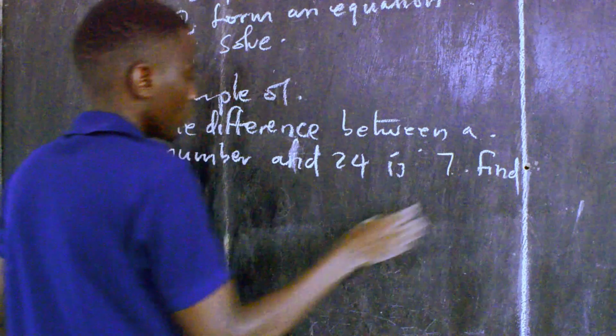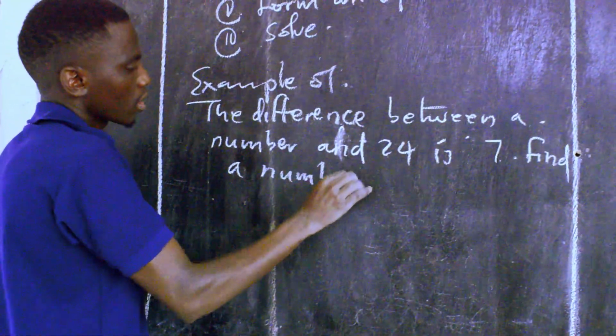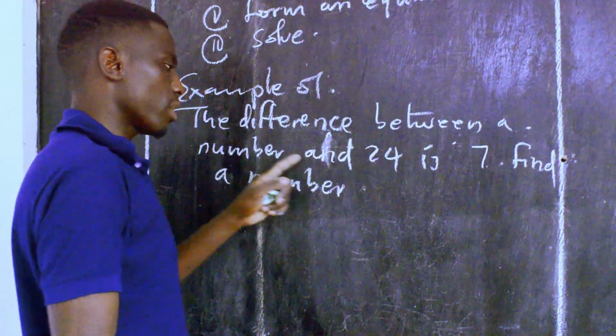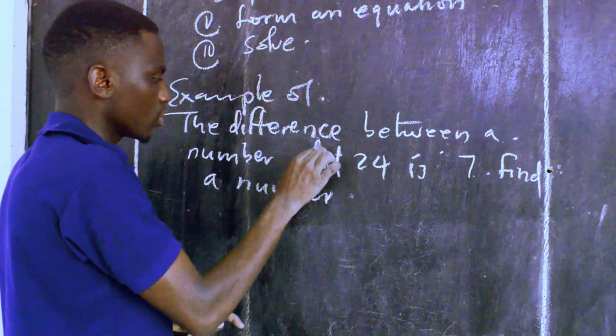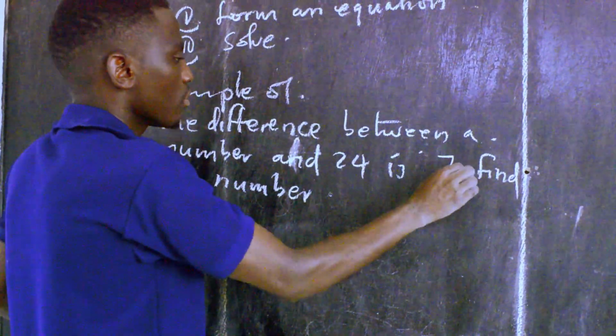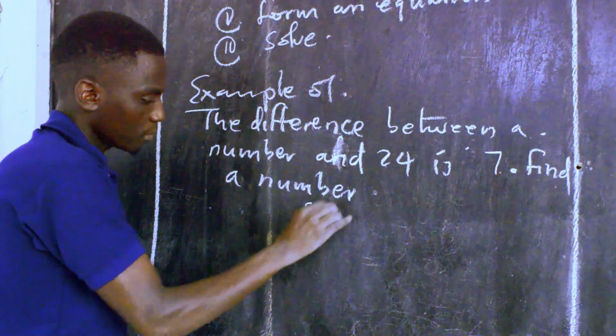Find the number. You have this question here: the difference between a number and 24 is 7. Find the number.